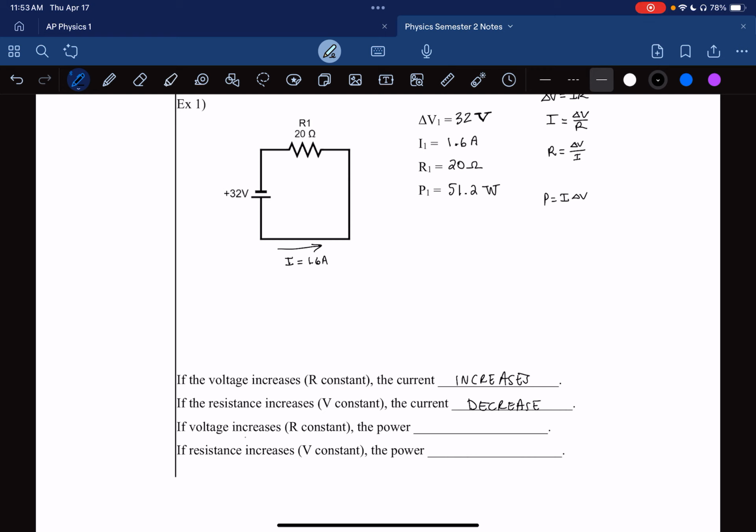If the voltage increases, what happens to the power? That should go up. And if the resistance increases, let's see, I almost forgot this one.